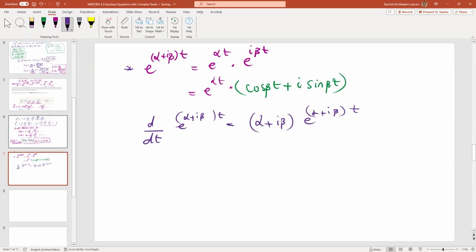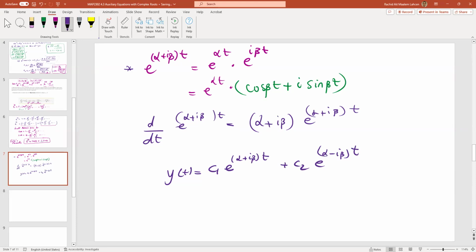And we can write, of course, the solution y of t as the arbitrary constant c1 times exponential with the power here as alpha plus i beta t, plus c2 times exponential of alpha minus i beta t.